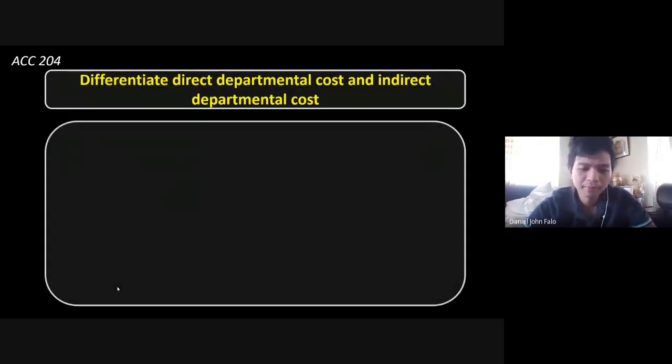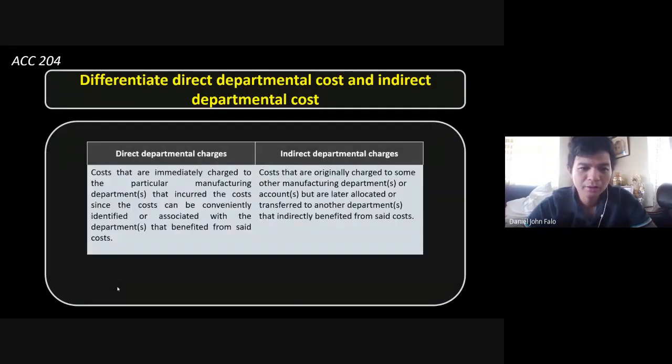And differentiate direct departmental cost and indirect departmental cost. So direct departmental costs are those charges that are incurred specifically or that identify with a specific department. Ibig sabihin, once that in-incur mo siya on such department, dun mo lang siya ilalagay or dun mo lang siya i-incur.